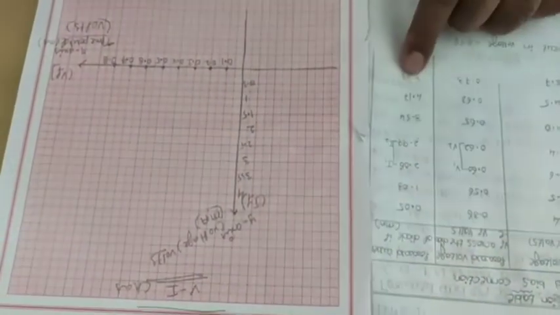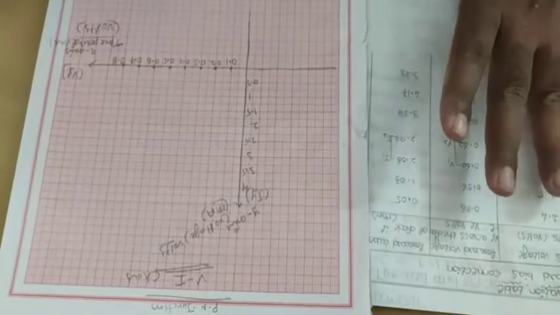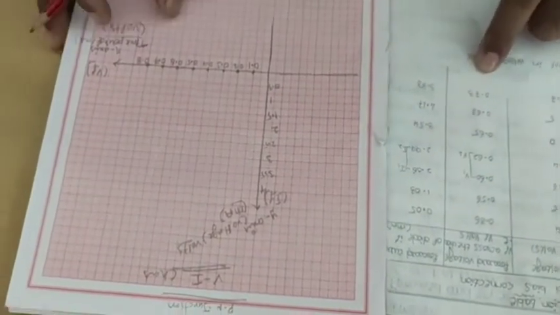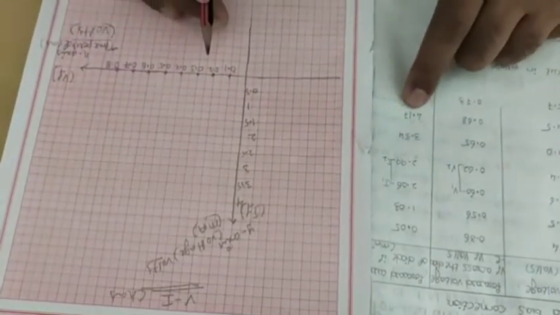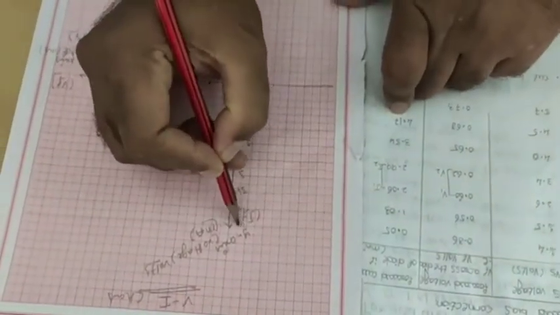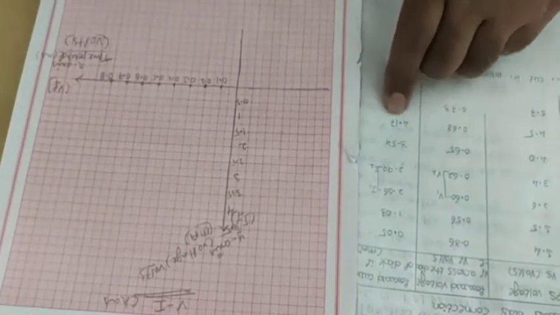Based on the readings and our own interest we can represent it. The highest reading is 4.17, so you can consider another reading, 4.5.